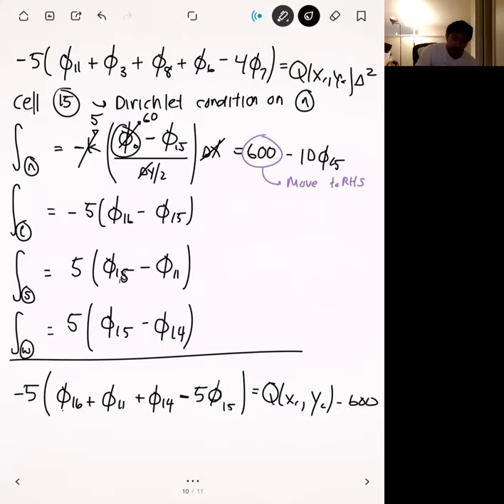The minus 600 came from the term up here, and we subtracted it from both sides to do that. Okay, so that's cell 15.